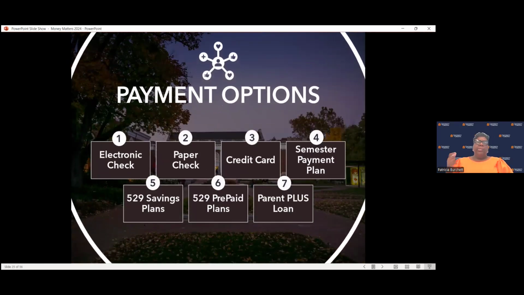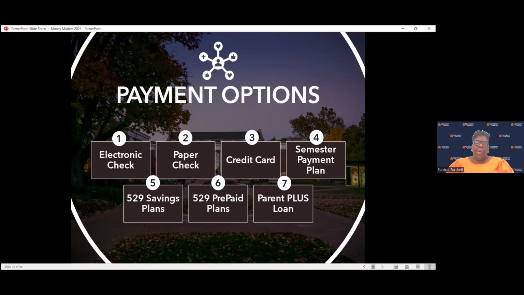And so I want to next talk to you about payment options. The UVA Pay is the electronic online portal where all payments can be made towards a student's account, and where you will be able to see their bill and all of those statement issues.